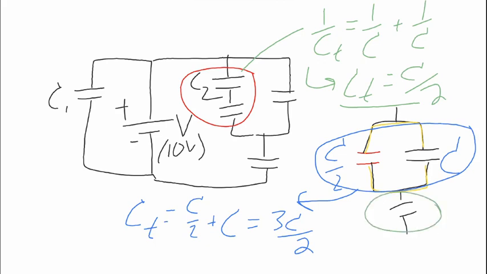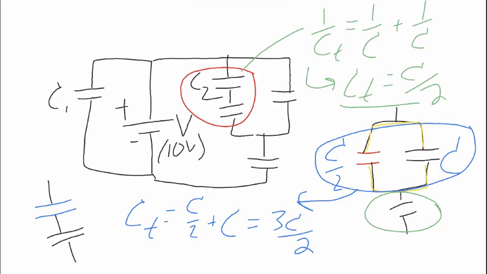Because it's connected on one plate. If you don't see it, you can redraw your diagram. Redrawing the blue circled stuff in blue, we have a resultant capacitor connected to that green circled capacitor on the bottom. And see how they are connected in series.